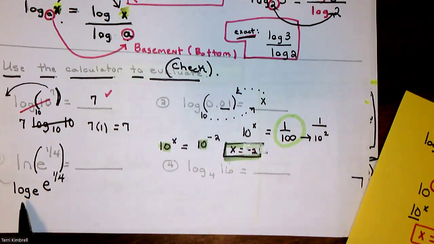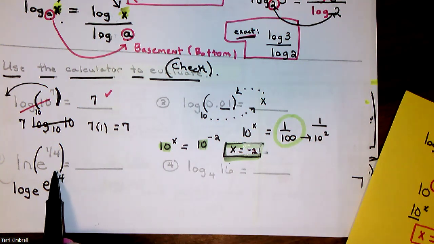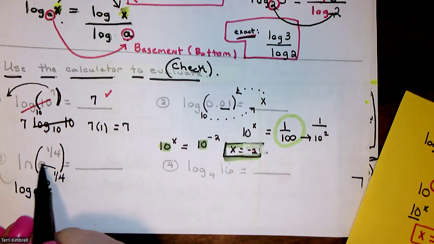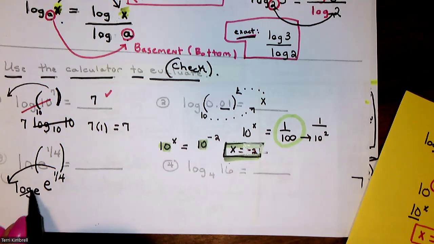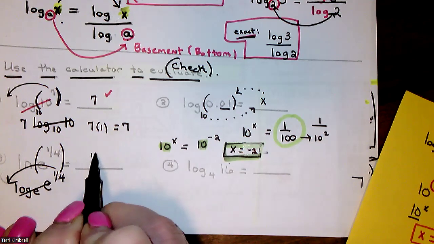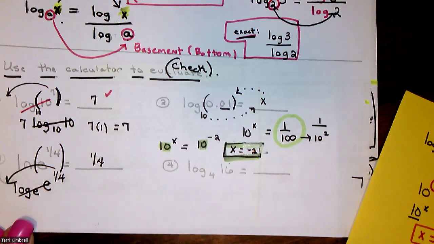Remember that the base of the E and the base of the exponential are going to cancel out, and it's going to drop your exponent. So your exponent's going to drop. These are going to cancel. So your answer is going to be 1/4.